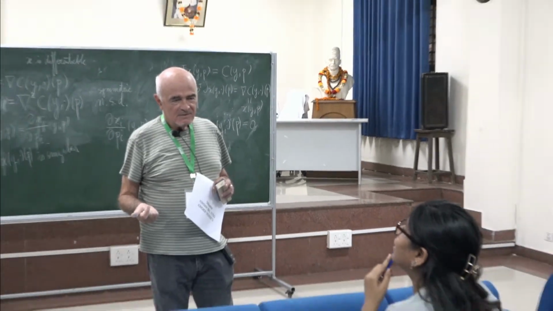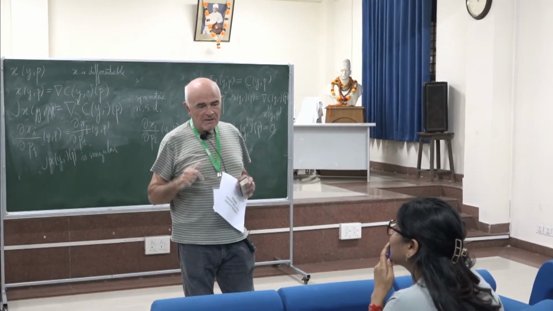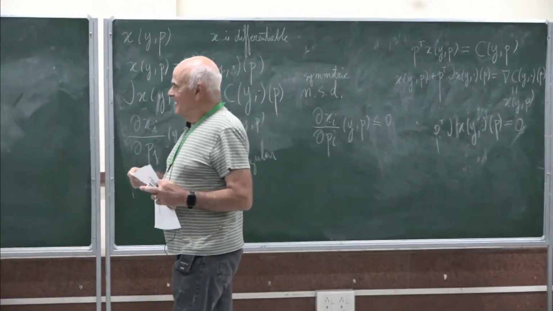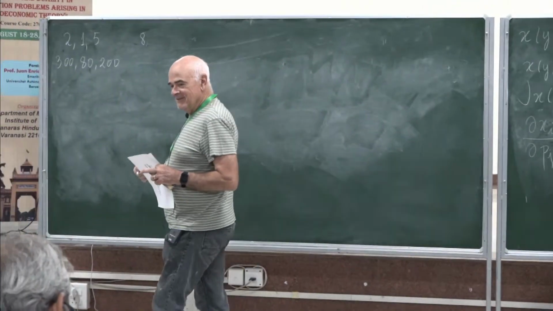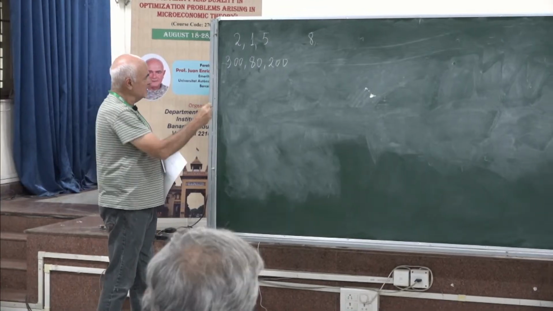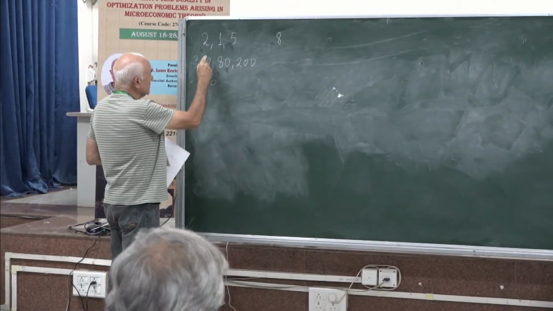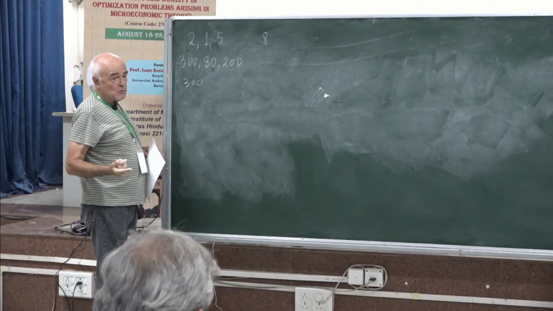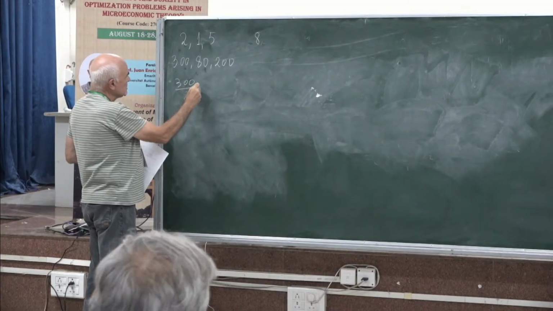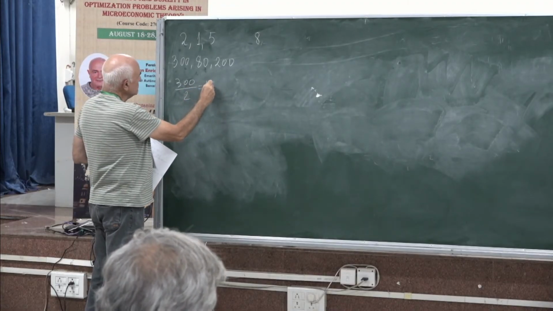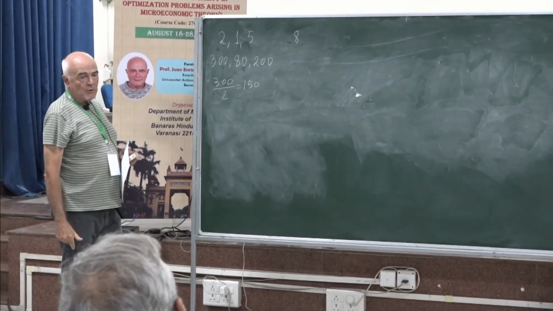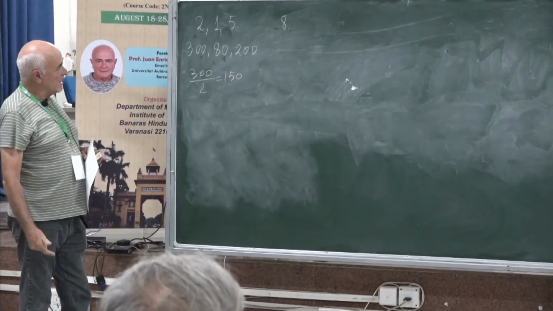I mean, because I have 300 liters of A, and I need 2 liters of A to produce 8 liters, with this I could only produce 150.